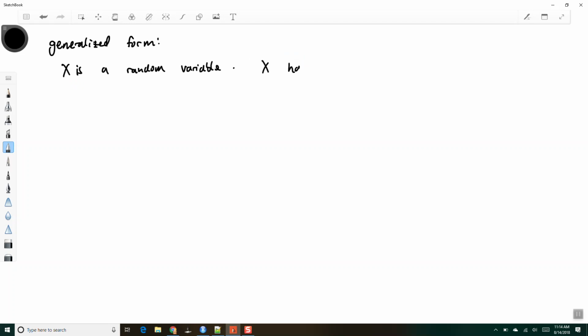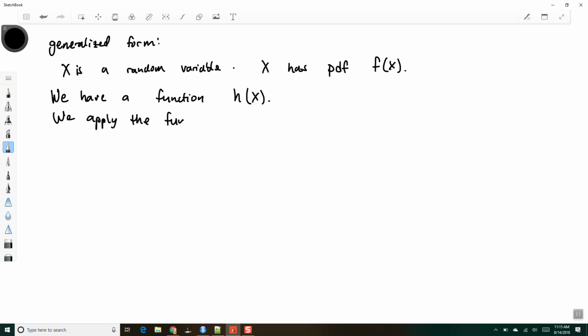X has PDF f of x, and we have a function h of x. We apply the function h of x to the random variable x.